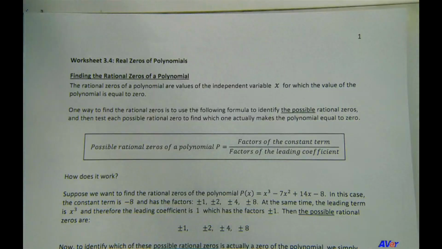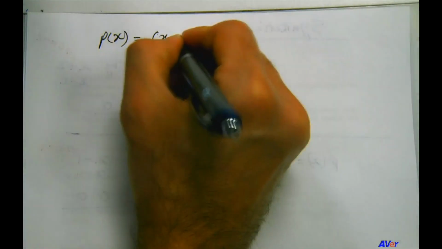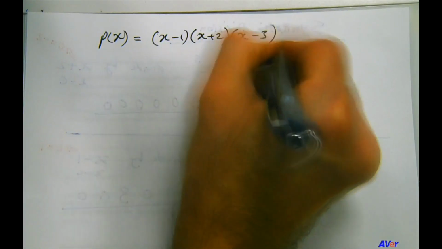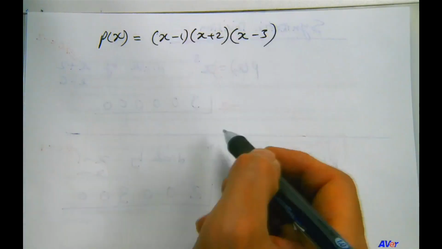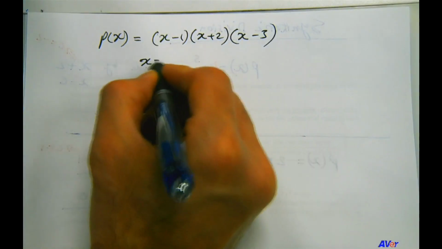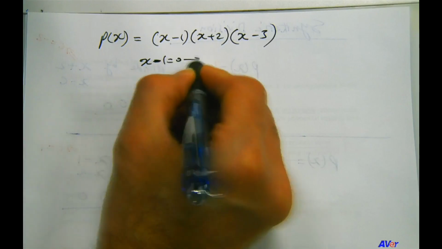Okay, so remember last time we graphed a polynomial like this. We were given a polynomial such as this, right? And we graphed it. What we did was set each one of these factors to 0.